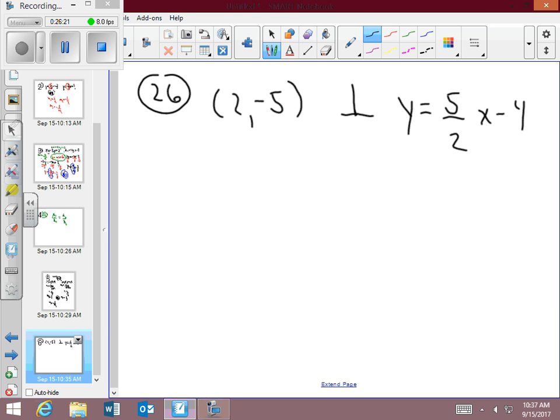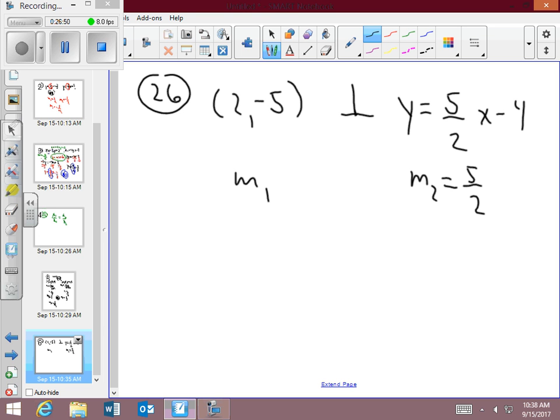So what is the slope of this line? I'm going to call this one slope M2, which is 5 halves. Does everyone agree? But what we need is the slope of this line, and I'm going to call that M1.